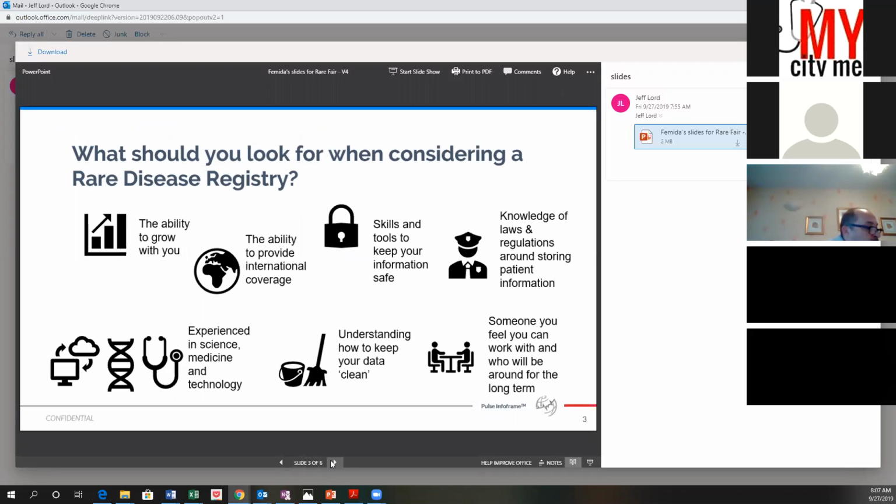So the whole area around disease registries is really confusing for many of us. When you look at regulatory agencies, they're looking for patient registries or disease registries.